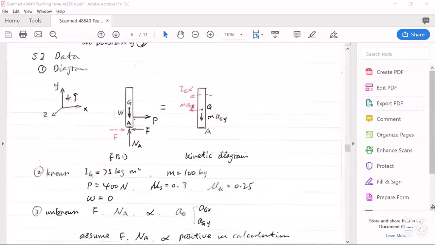Next, we will solve this problem by assuming possibility 1, a problem of rotation about a fixed axis through point A. Here is the free body diagram, and here we have weight force W and external force P. At this end point A, we have reaction force Na and friction force F. It's not difficult to determine that the direction of this friction force F should be to the left side.